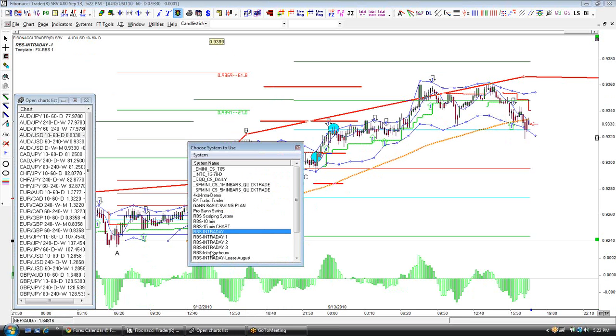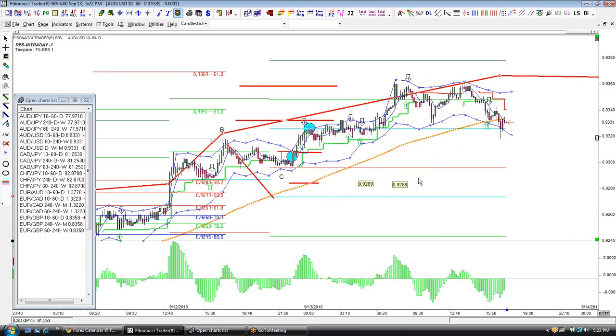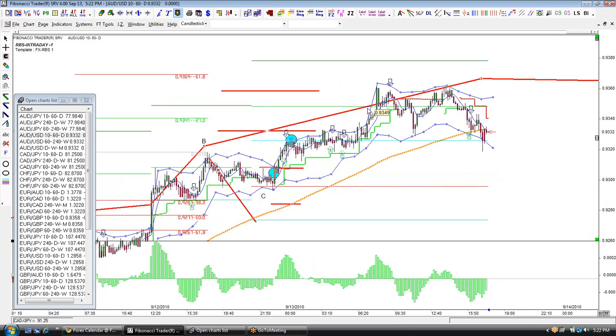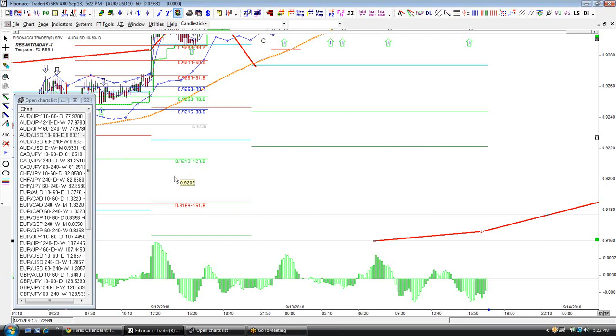The outer range is telling us where we can see some resistance for the intraday. This red line is the range that will give us resistance on the top and support at the bottom.